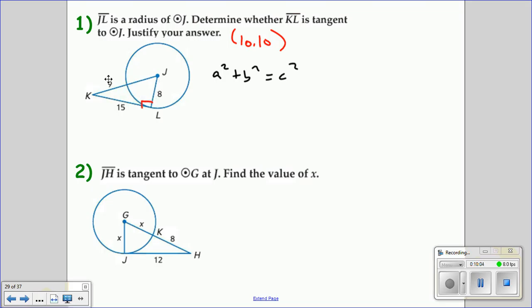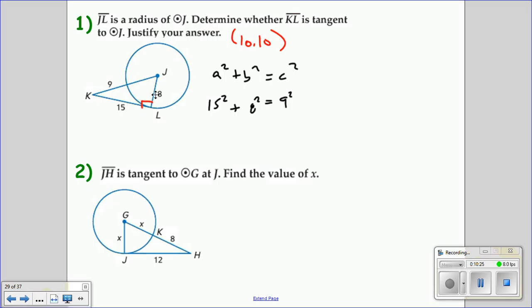So across from the right angle is 9. So it's not the largest distance. So that's one hint that something might not be right. And that leaves 15 squared plus 8 squared for a and b.